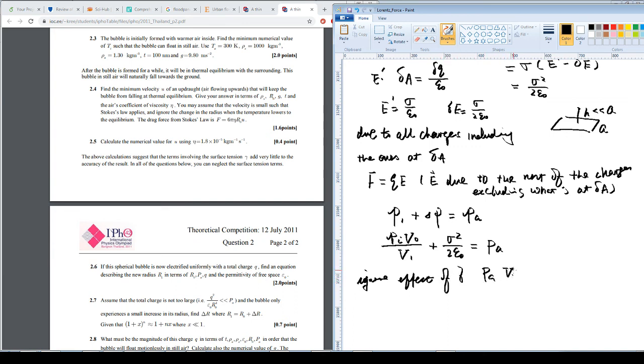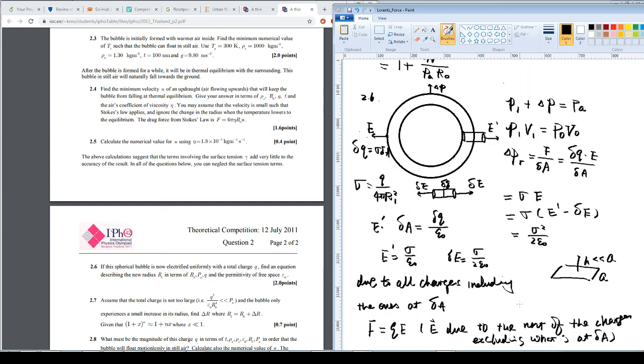PA V naught over V1 plus sigma squared over 2 epsilon naught is PA. But by the way, of course, you can also do a direct integration, right? You set up the rings, you check their components, you sum everything up. That's another way. You will see it's exactly the same.